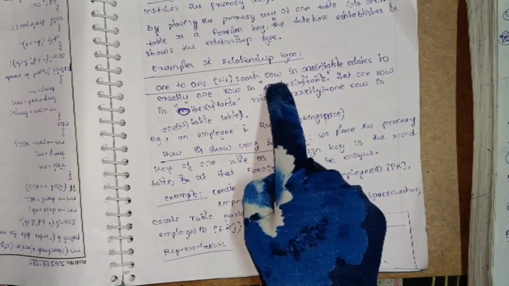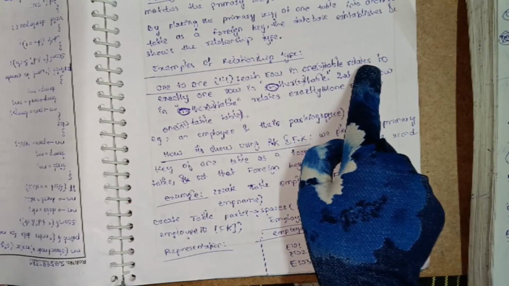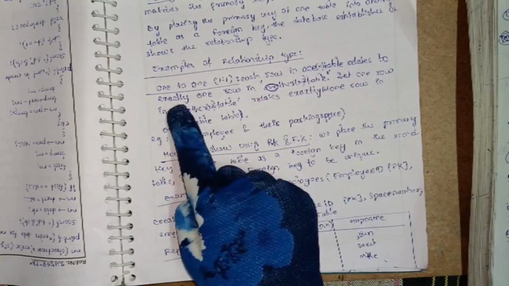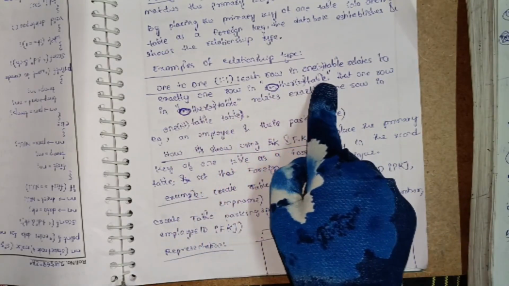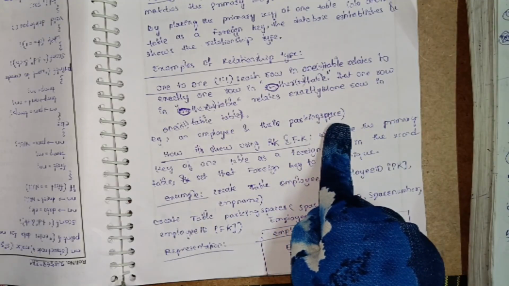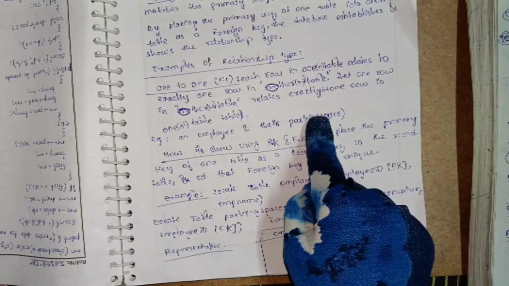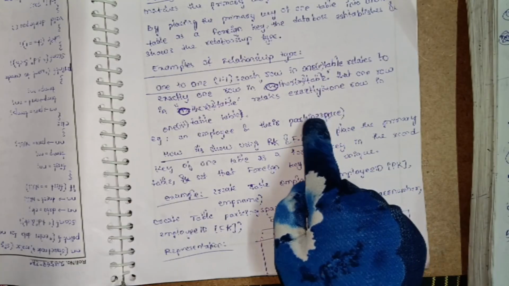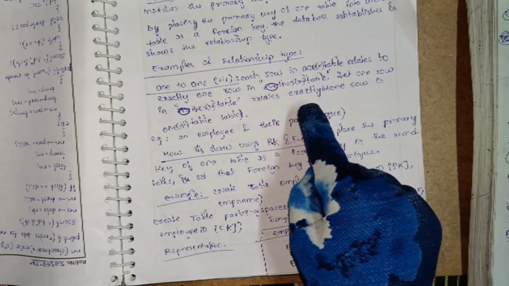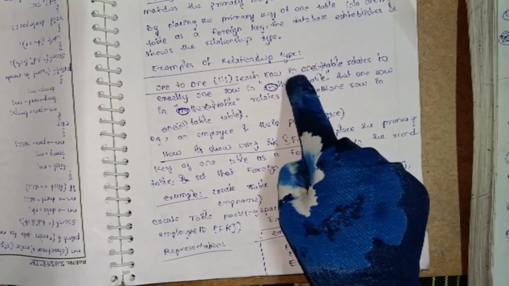That's the meaning of this statement: each row in the first table, the employee in this example, relates to exactly one row in the second table. In the second table, parking spaces are there. P1 will be the first parking space. So employee 1 relates to exactly one parking space, P1.